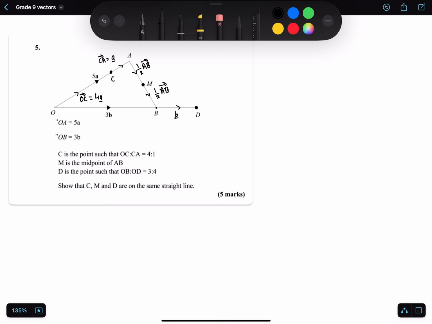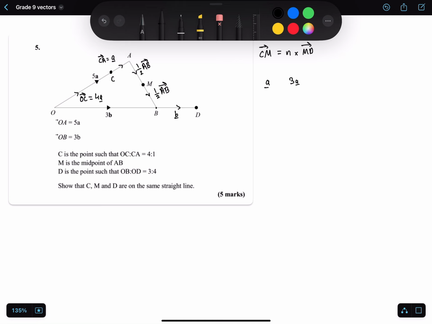Now, it's a slightly different question, slightly harder, but essentially in this question what you want to do is show that CM equals N times MD. So essentially you want to prove that CM is parallel to MD, and if I give you an example, you have the vector A and you have the vector 3A.